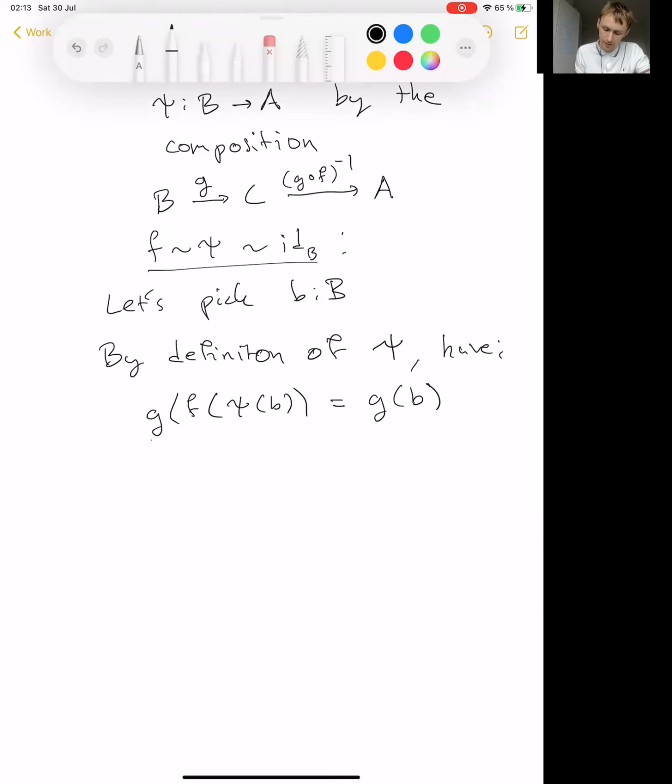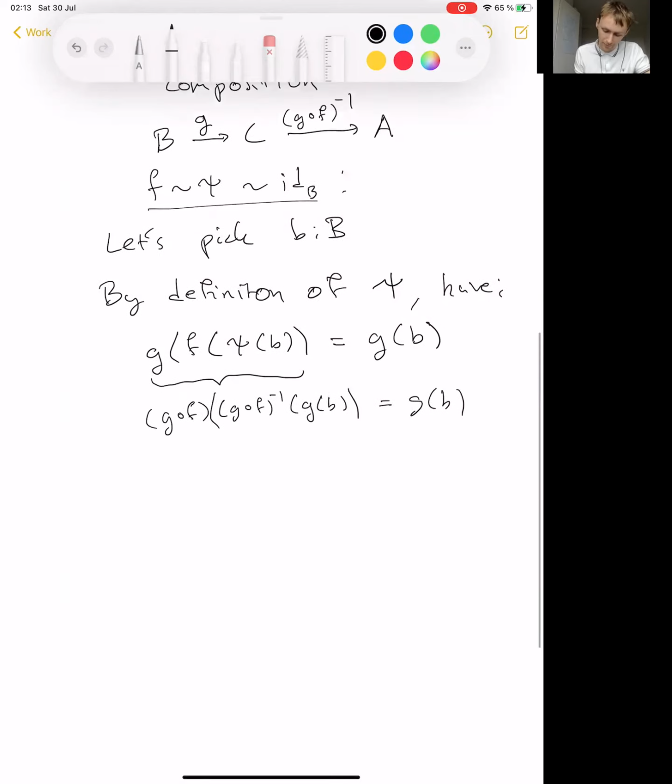Because the left hand side here is g composed with f, and psi was defined by (g composed with f) inverse applied to g of b. So that was by definition. The g∘f and the (g∘f) inverse cancel out. So that's why we get that this is equal to g of b.